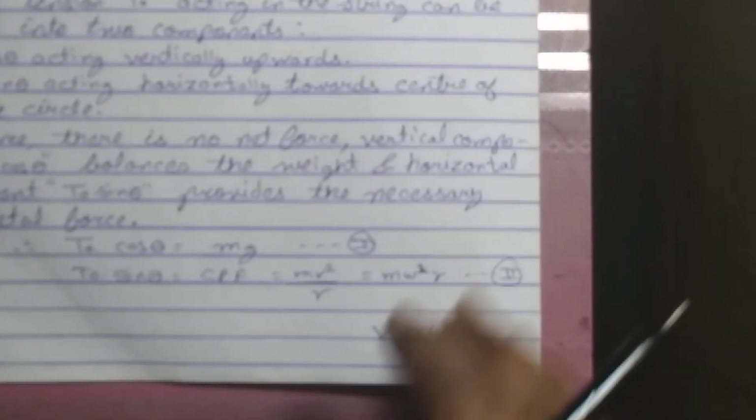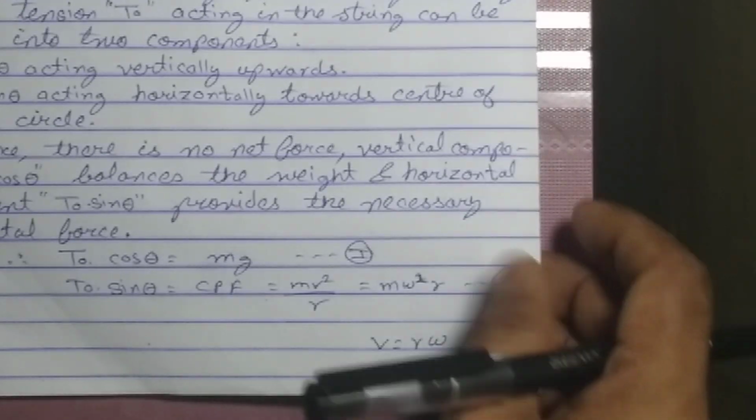Now let us do simple mathematics. I am going to divide 2 by 1. The second equation is T0 sin theta, and I divide it by T0 cos theta, which is equal to mv square upon r upon mg.